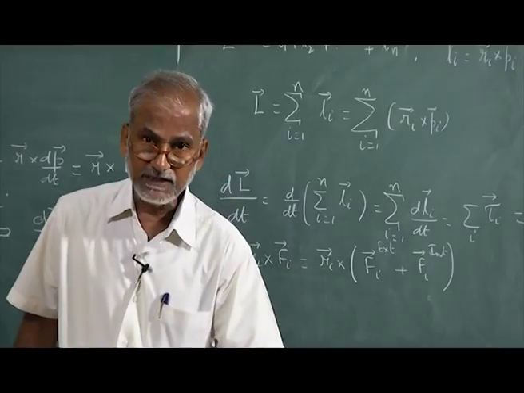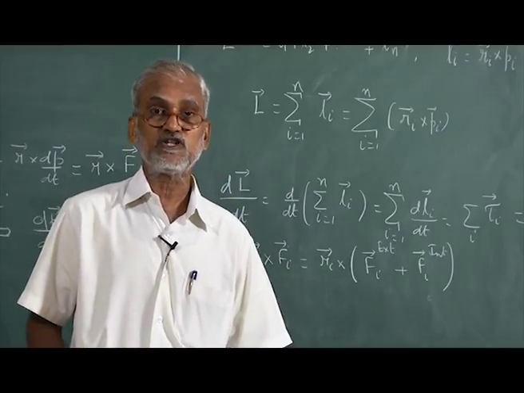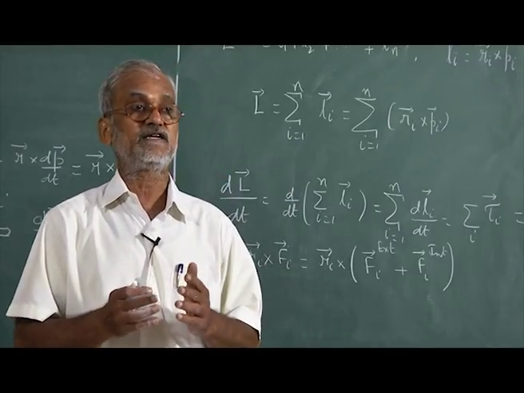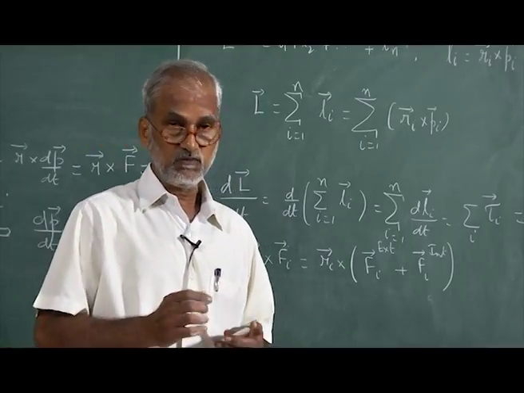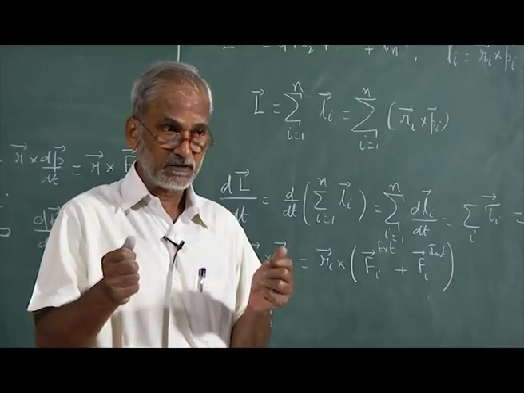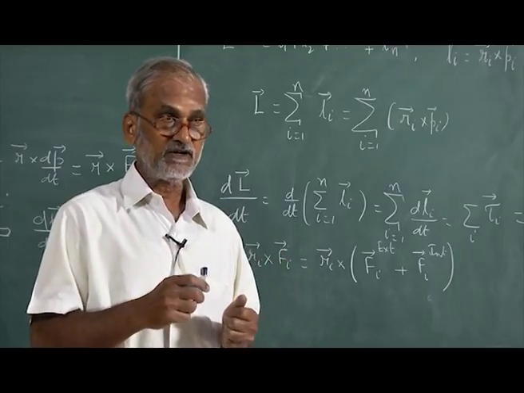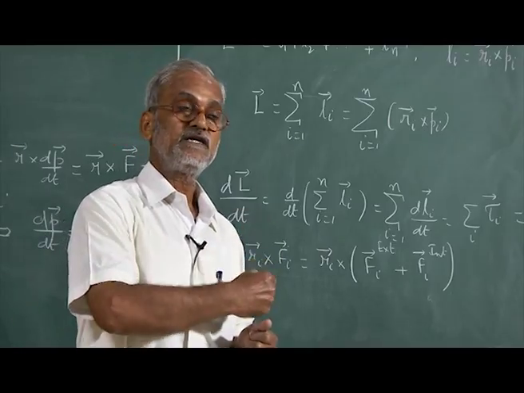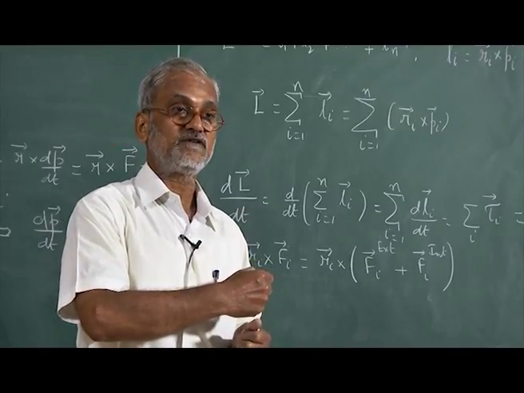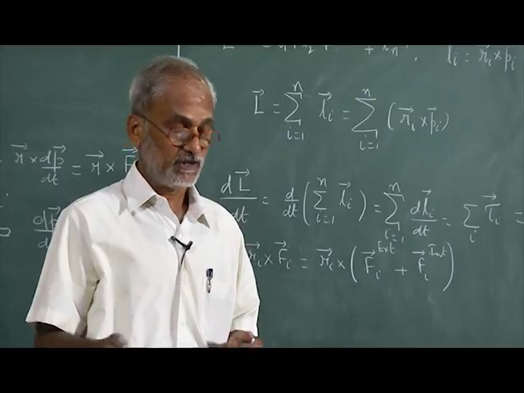Generally the internal forces are of action-reaction type. In a gas, when two molecules collide, one of them exerts a particular force on the other molecule, and you get a reaction on the first one due to the other molecule.